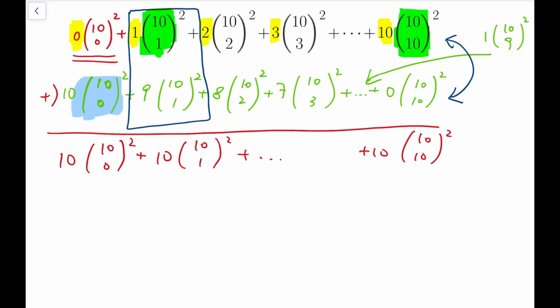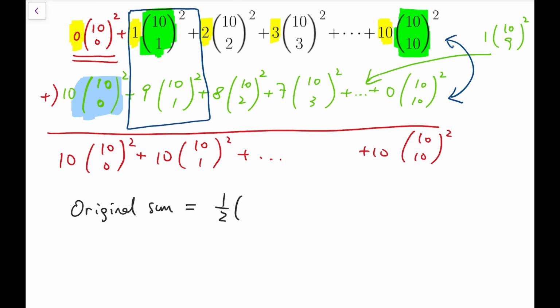So which means our original sum is actually exactly one half of the red terms.